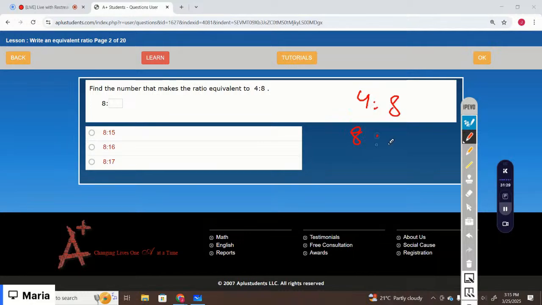And here you have 8:, the missing number. Four times 2 is 8.